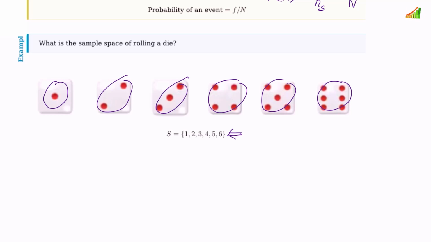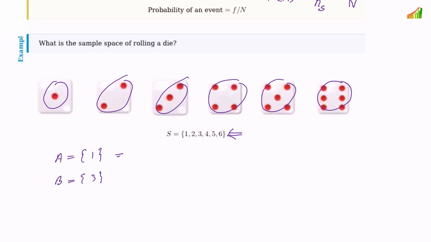Then consider this outcome. Say A is 1. So 1 is in S, therefore A is an event of S. And B is 3. Same, B is an event of S.